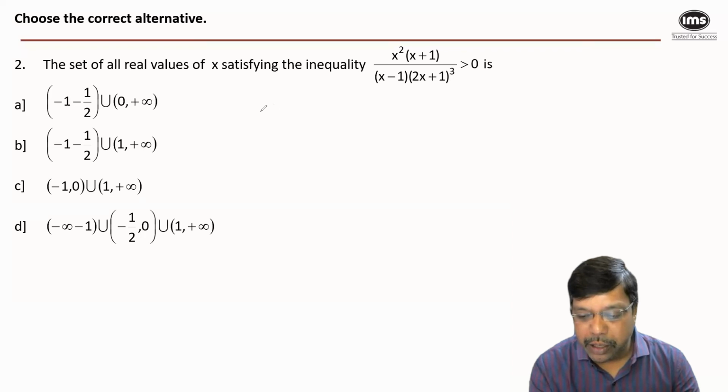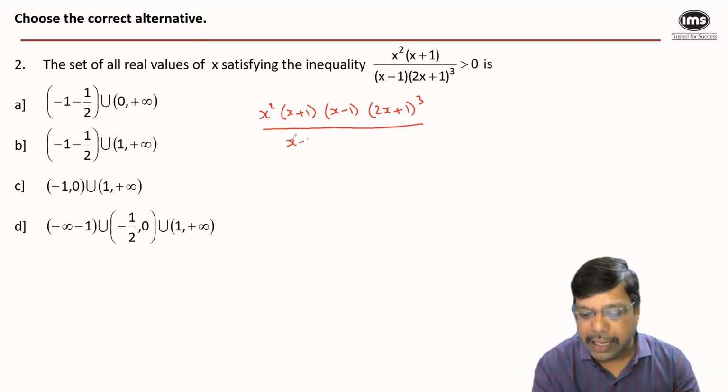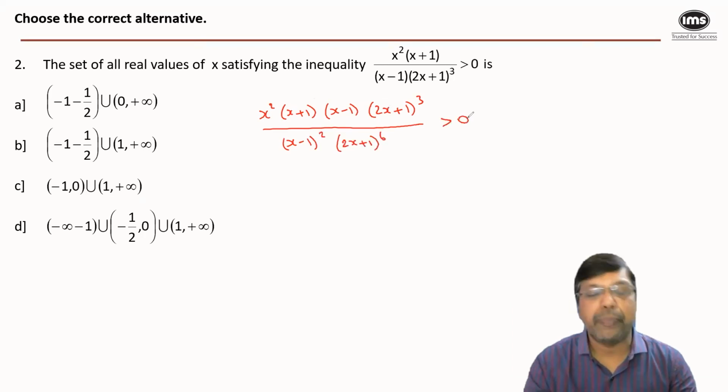we get x square into x plus 1 into x minus 1 into 2x plus 1 whole cube divided by x minus 1 whole square into 2x plus 1 whole power 6, greater than 0.